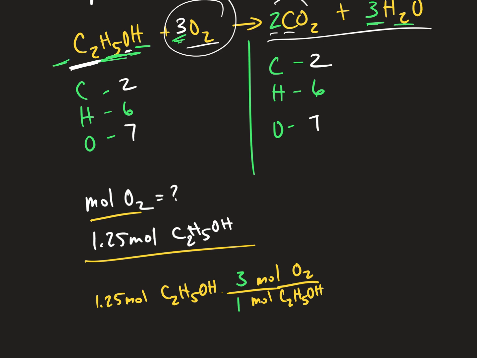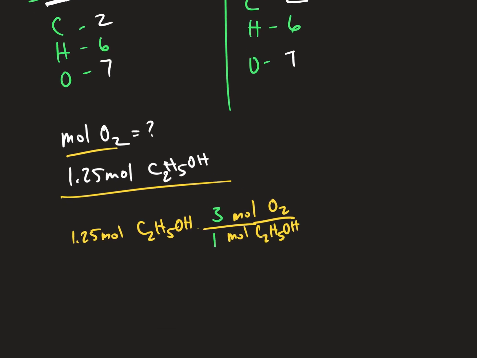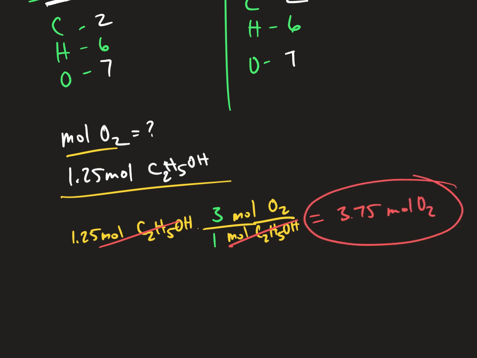That means it's 1. So that goes away. And we just multiply 3 and then divide by 1, and we get 3.75 moles of O2. Are we good?